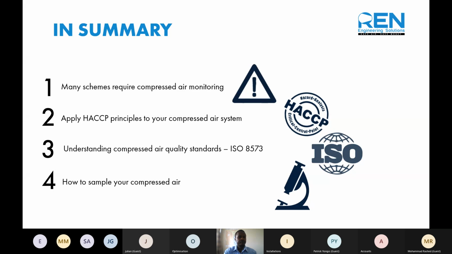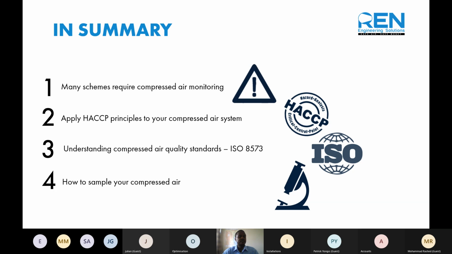In summary, there are many food safety schemes out there, and a lot of them will require compressed air monitoring and testing. It is critical to apply the principles of HACCP to your compressed air system so that you can manage the risks posed by compressed air to your products.